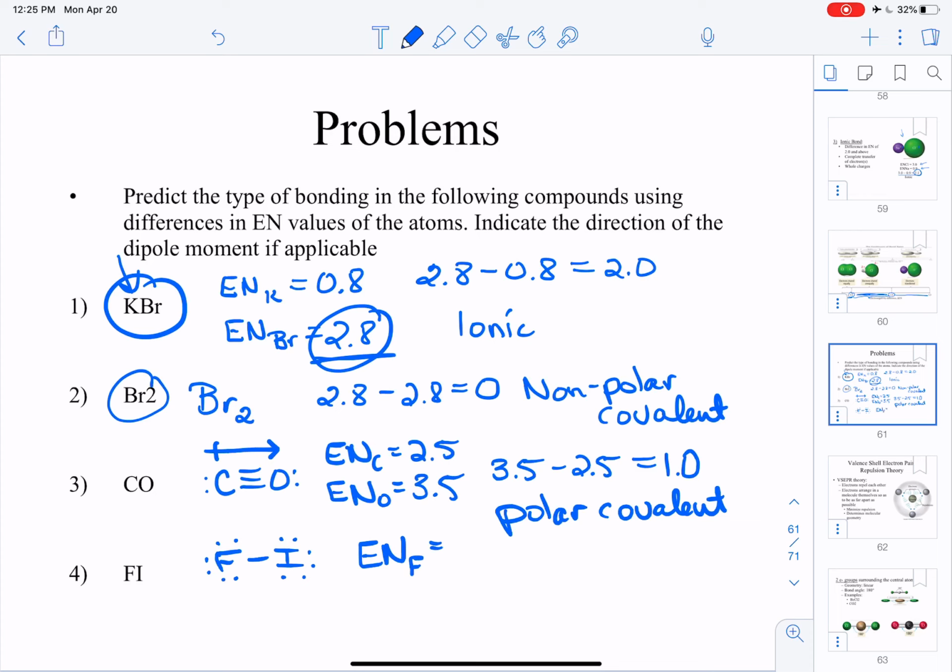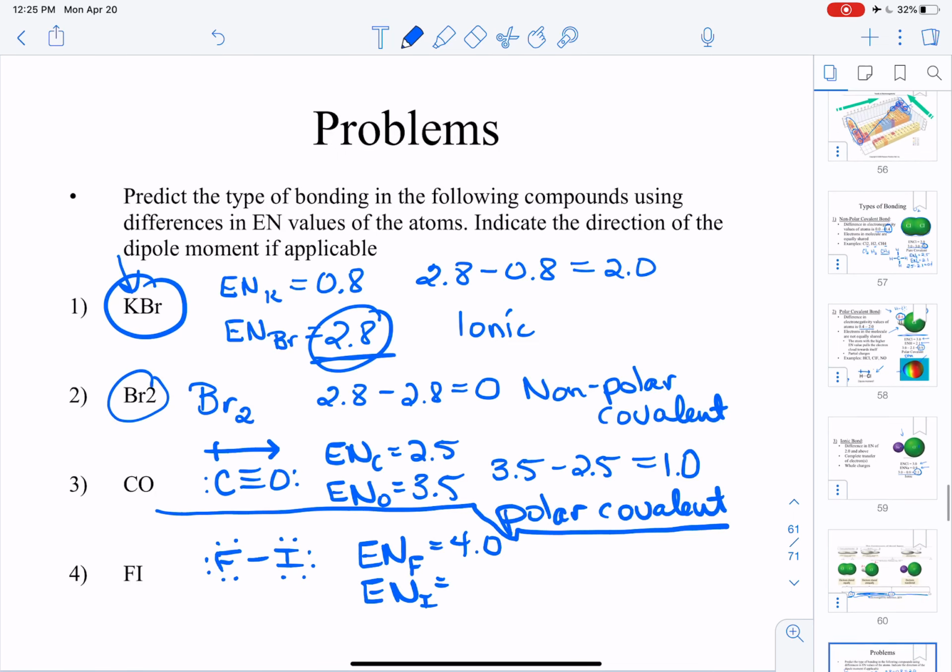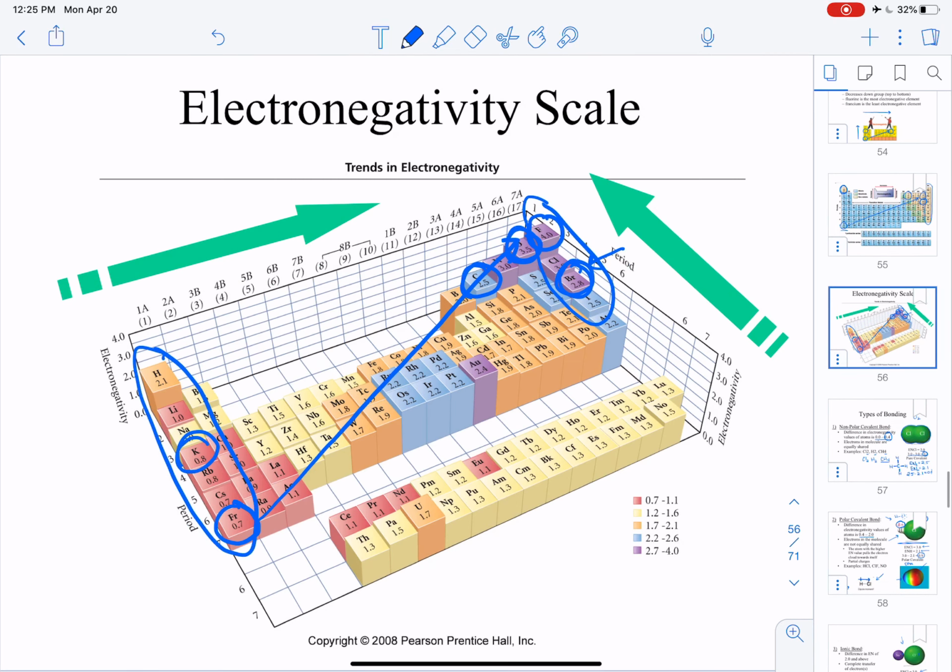That was the most highly electronegative atom, and that has an electronegativity value of 4.0. And the electronegativity value for iodine, if we look that up, we'd come on over here and see that we've got 2.5 there.